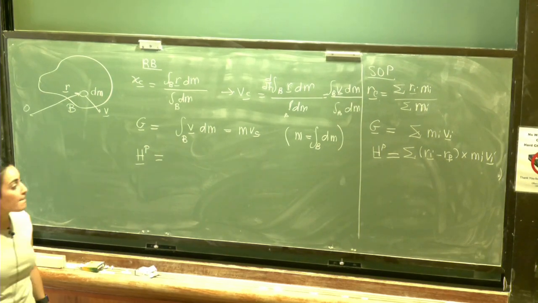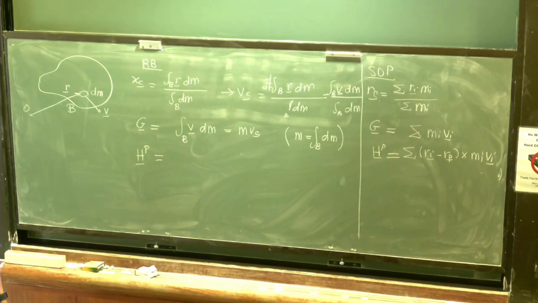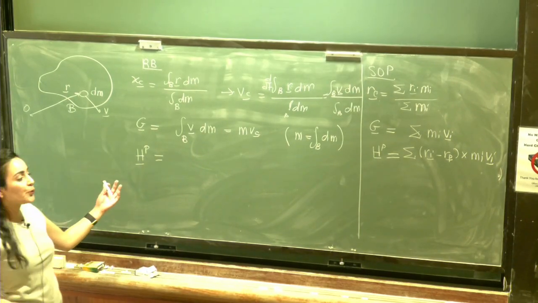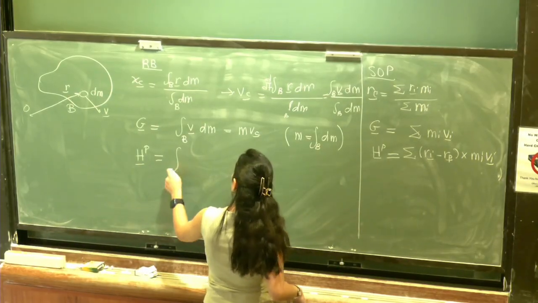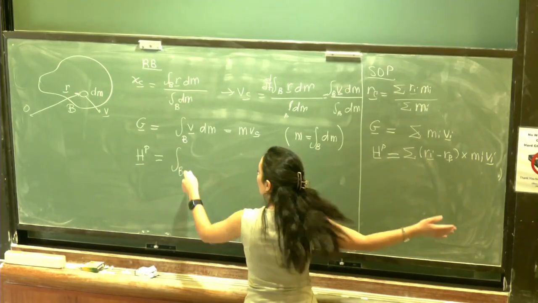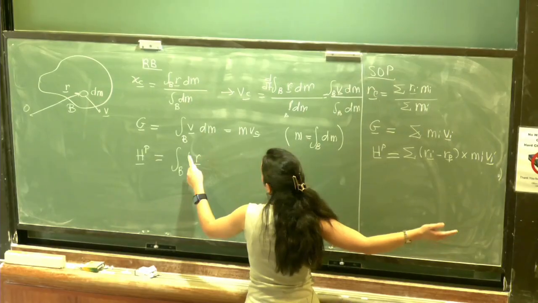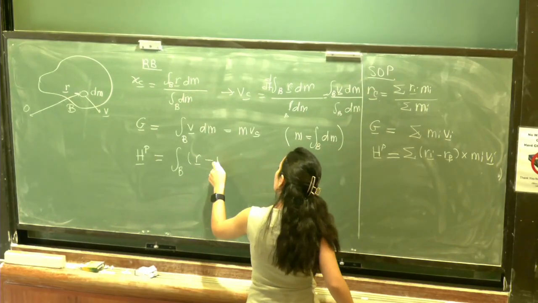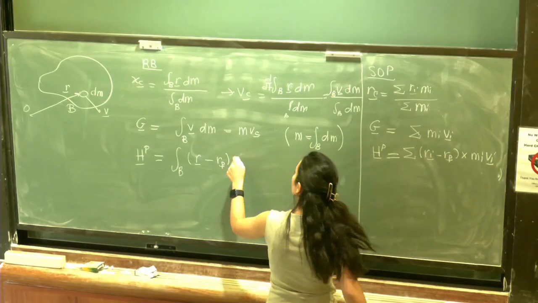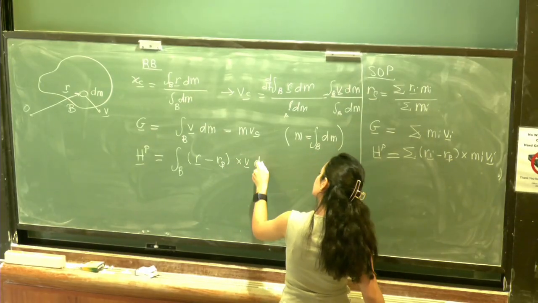R minus RP cross V. For a rigid body, the angular momentum about point P is the same thing, but I will integrate. So integrating over the body of R minus RP cross V dm.